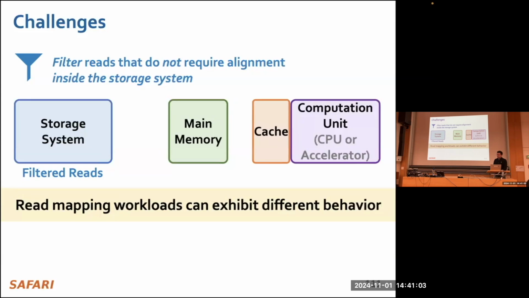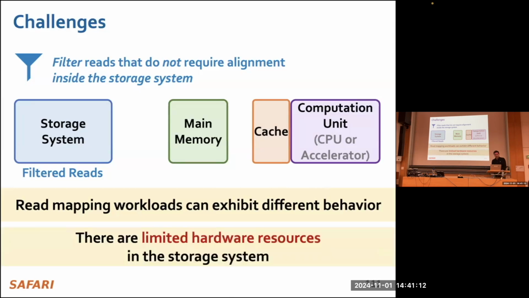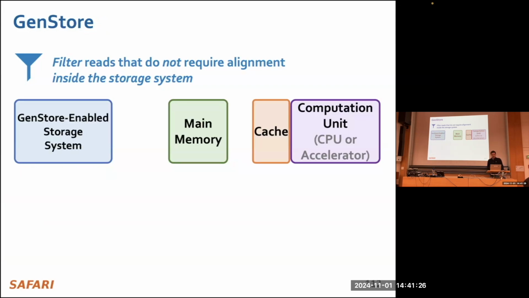But of course, there are challenges. One is that read mapping workloads exhibit different behavior given different technologies and different genomes. So how do you design hardware that is flexible enough? Also, as I said, there are limited hardware resources. So how do you utilize these resources efficiently so that you do the computation that you need to do in the SSD in an effective way?